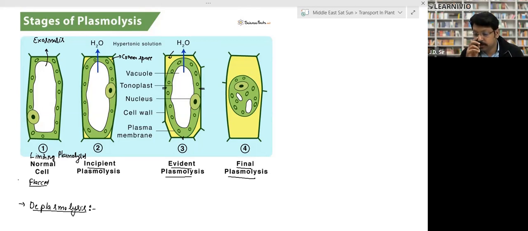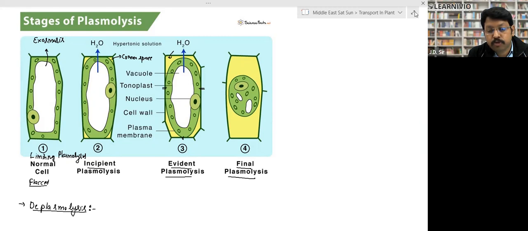Now the next thing is the long distance water transport, right? We have studied what long distance water transport is. So the next heading is water absorbing system. Under long distance transport, we have a subheading, water absorbing system.